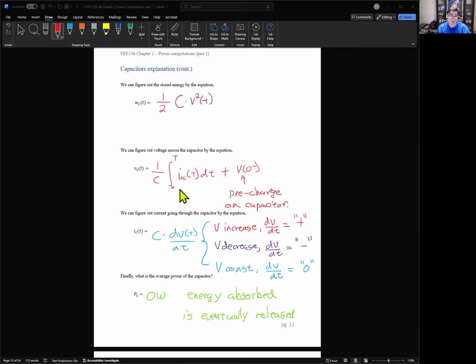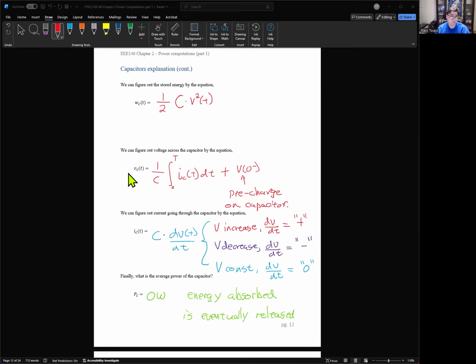Okay. Lastly, you got your initial condition, V out negative. So this is how much energy was in the capacitor before we started counting. Same logic with the gas tank is if it's empty, this is 0. If the capacitor is half full, or your fuel tank's half full, you need to take that into account. So let's say if I want this to be 10 volts and I'm already at 5 volts, then my current only needs to work for the other 5 volts. 5 plus 5 equals 10.